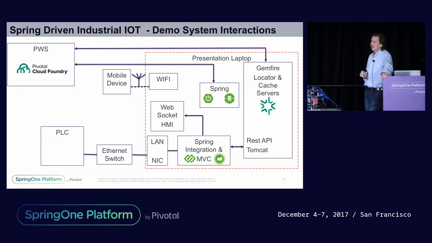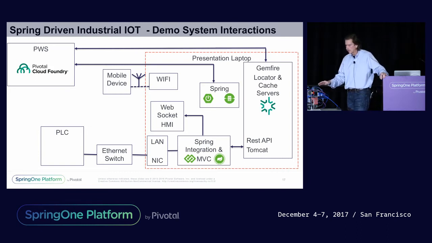What we've demonstrated here is on the bottom, starting on the left, the PLC, the Ethernet switch, into the LAN connection, and we're running the Spring Integration in MVC. So that's what you saw, the Spring Integration with the communications from the IoT Bridge running on my laptop here down to this PLC.